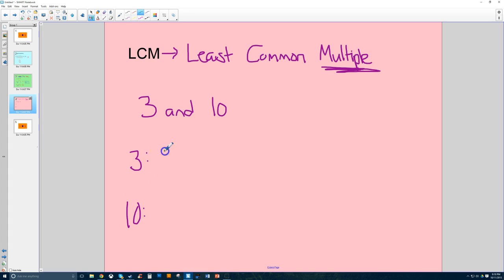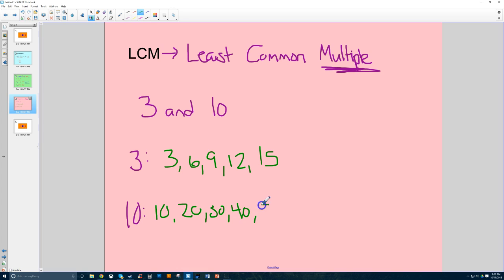So I'll start with 3, 6, 9, 12, 15, and I always say to do at least the first 5 multiples. And then do the first 5 over here. 10, 20, 30, 40, and 50.